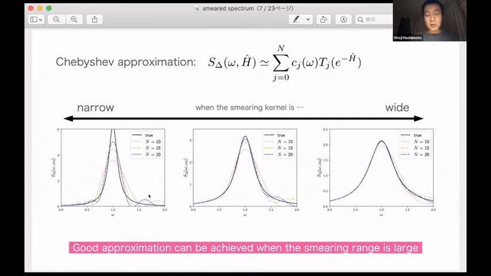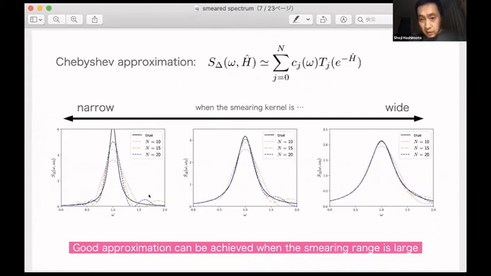From left to right, the smearing range goes from narrower to wider. Looking at the rightmost plot, the true Breit-Wigner function is given by the solid curve, and the three approximations are written with polynomial orders 10, 15, and 20.